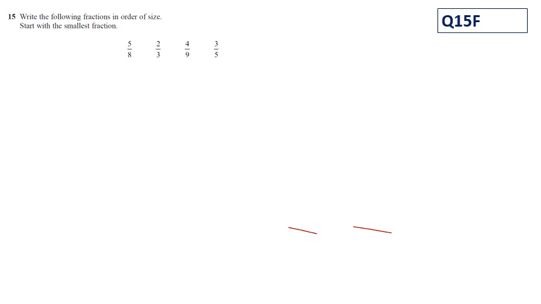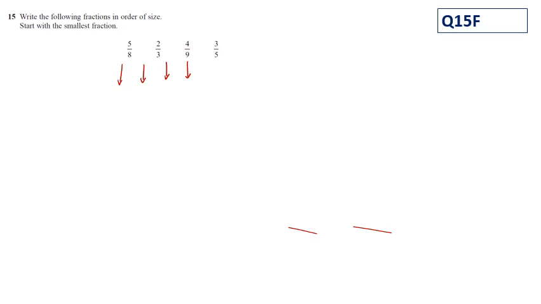To do this, I can turn all of these fractions into decimals using the calculator. And in fact, to make it even easier, I could turn all of these fractions into a percentage. So 5/8, I can first express it as a decimal on the calculator and multiply it by 100.